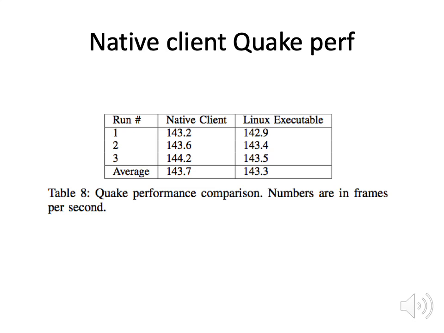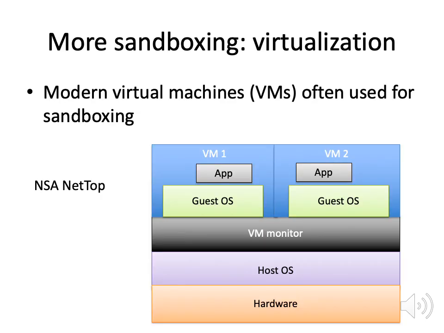So this raises the idea of sandboxing code by putting code in an environment where even if the code has bugs in it, or is malicious, it can't affect the rest of your system. So Native Client does that by, one, making sure the code doesn't have bugs in it through rewriting the code. The second thing is the sandbox that monitors system calls. But another approach we could take is to use a virtual machine. This is a classic virtual machine where we have a host operating system, Linux or Windows.